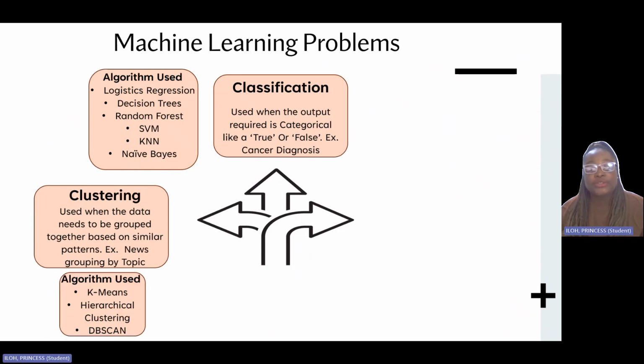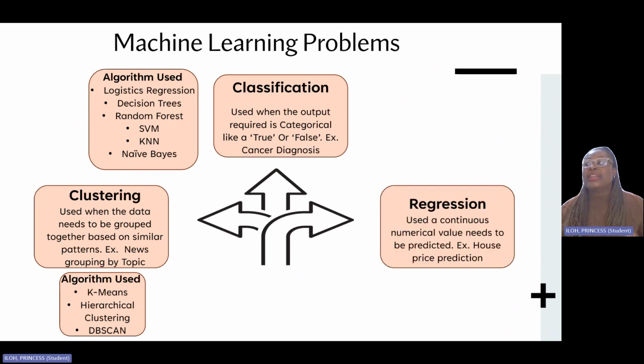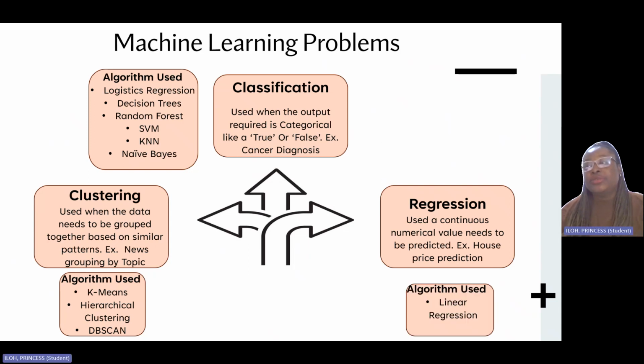The algorithms that can be used are k-means, hierarchical clustering, and DBSCAN. The next is regression. Regression is used when we have a continuous numerical value that needs to be predicted. A very good example is house price prediction. The algorithm used is linear regression.